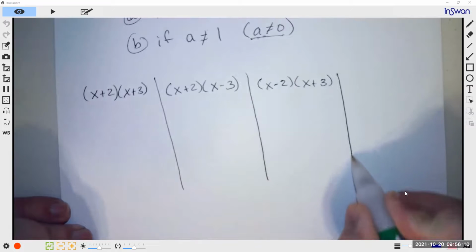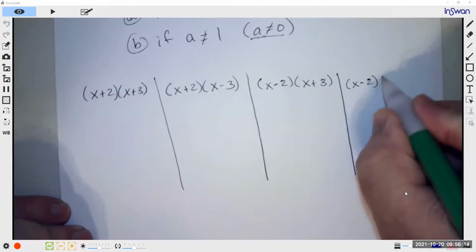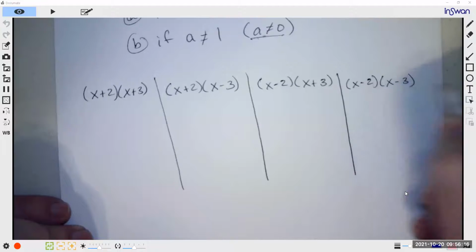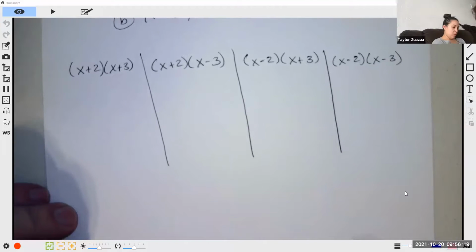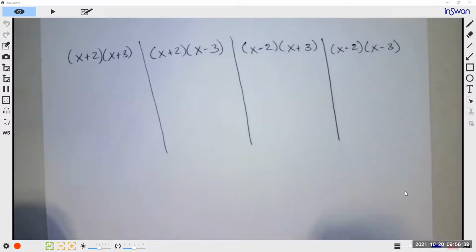Then x minus 2 times x plus 3. And then they're both minus: x minus 2 times x minus 3. Okay, let's go ahead and multiply those 4 together.